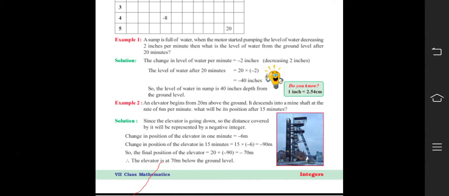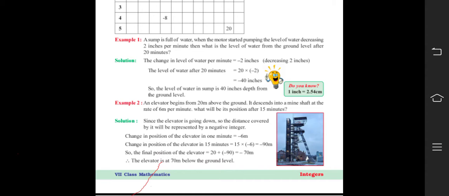So what is the solution here? The change in level of water per minute is minus 2 inches. Why? Because it is decreasing 2 inches per minute. Decreasing means it is negative. So that's why we are writing minus 2 inches.